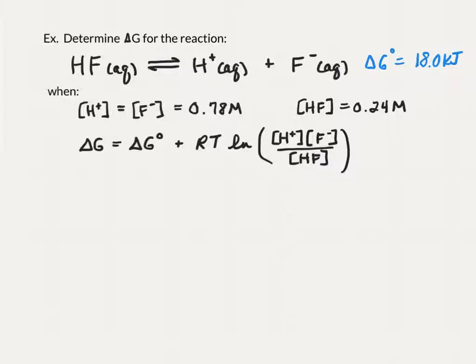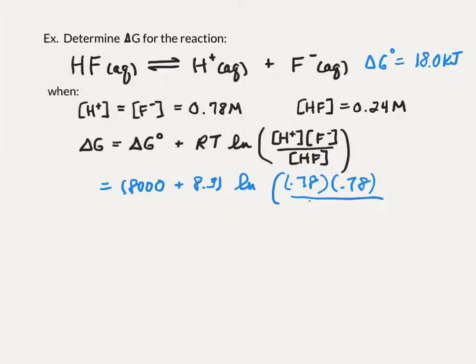So we plug in our equation, 18,000, because we want it in joules, plus 8.31 times the ln of 0.78 times 0.78 over 0.24.